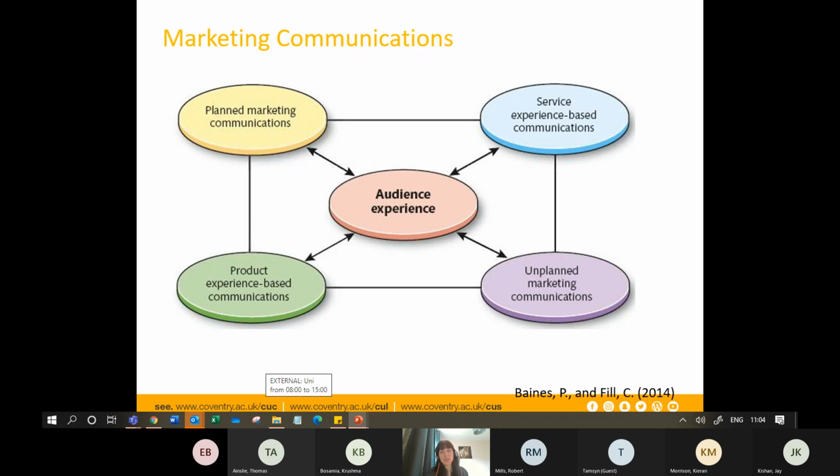And then we've got the unplanned marketing communications. These might be opportunities that crop up that we can capitalise on. There could be some good things that we get, but also it could be somebody complaining about the restaurant, some negative publicity, something that happens outside of your control that's associated with the brand.